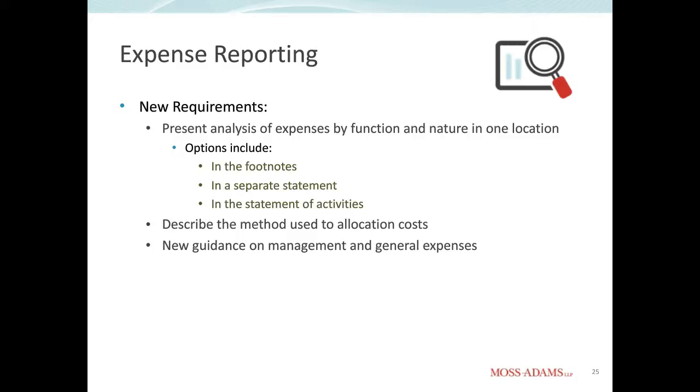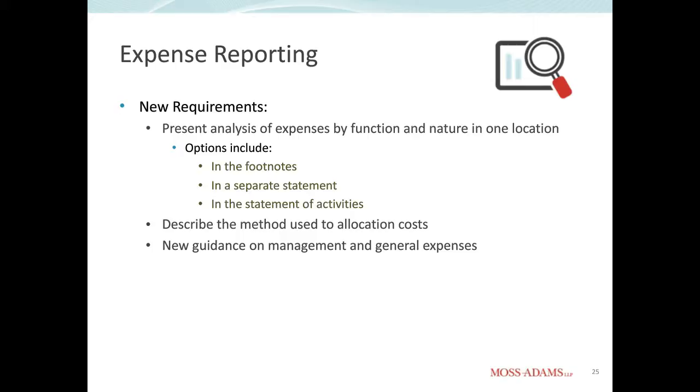It's really giving additional information to users of those financial statements as far as what expenses are directly related to providing programs for the not-for-profit organization and what expenses are related to supporting services.